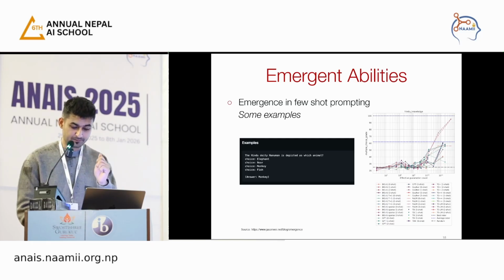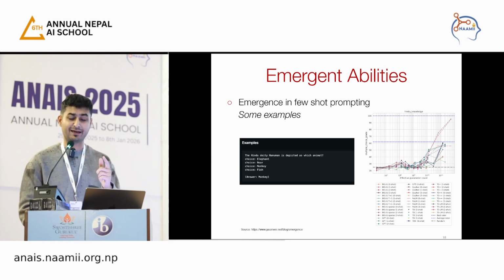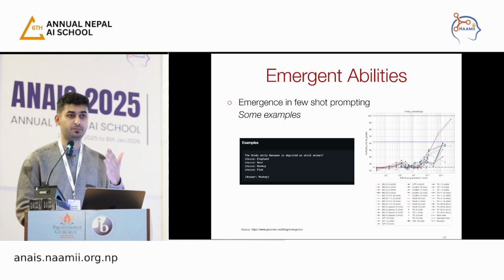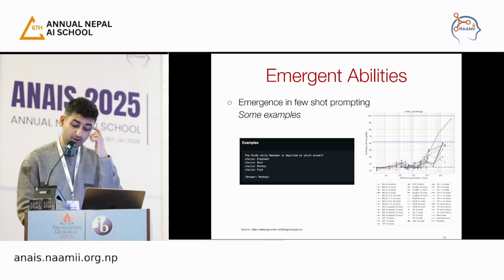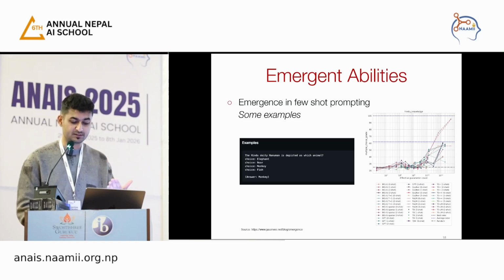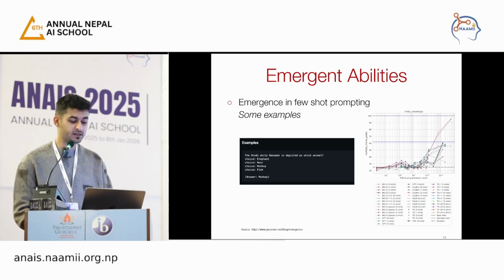For example, PaLM, which is a language model from Google, prior to Bard and Gemini, they had PaLM language models. They get impressively good results compared to the average rate of performance, which is around 60 here, with 1 shot, 2 shot, 3 shot examples.